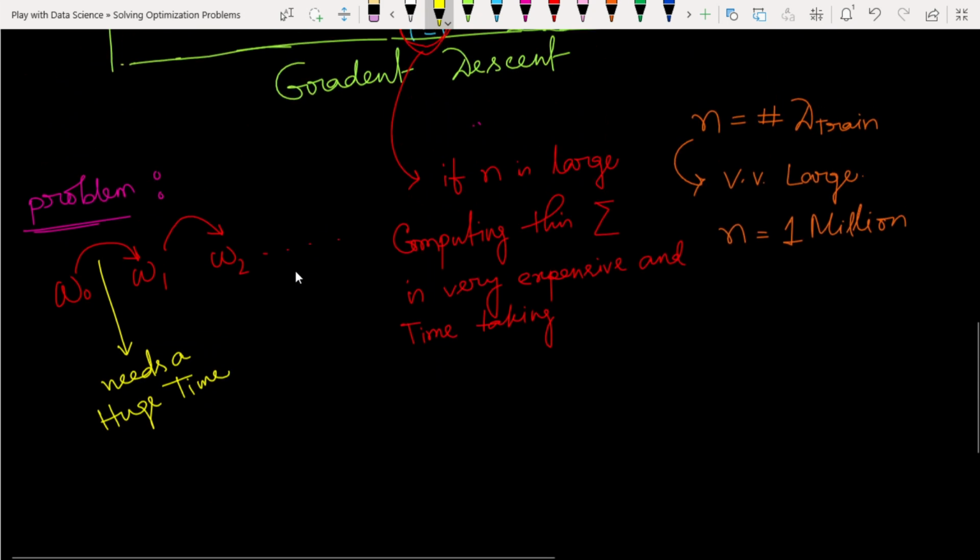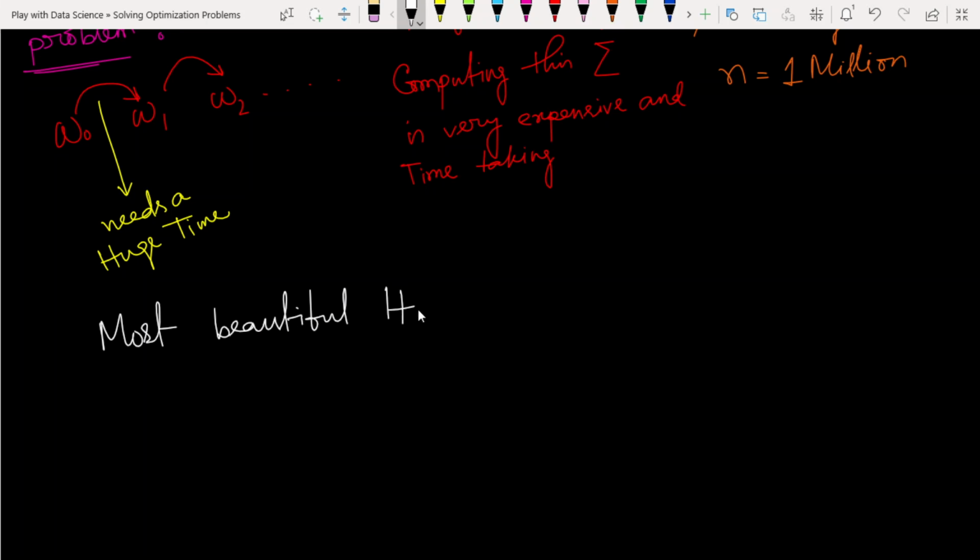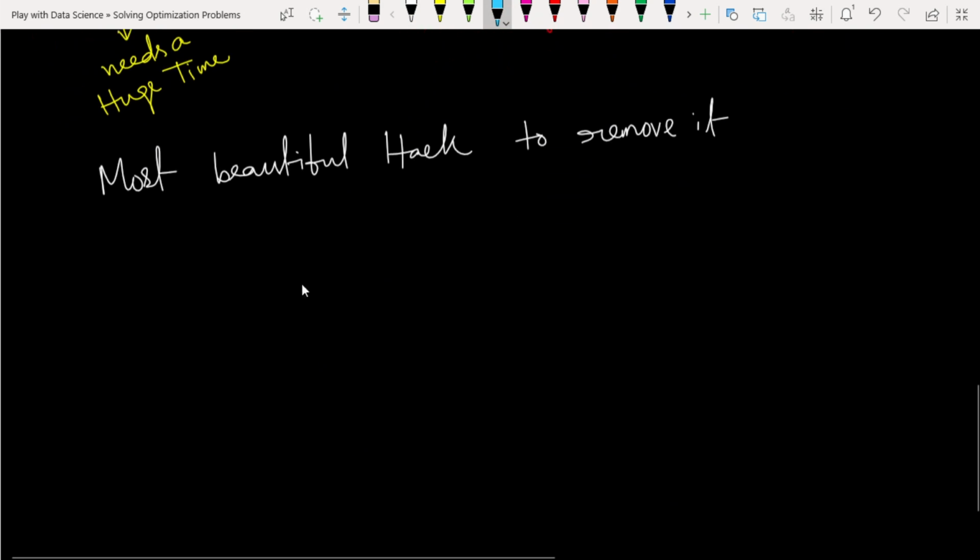This is the one most beautiful hack to remove this problem, called the stochastic gradient descent technique.